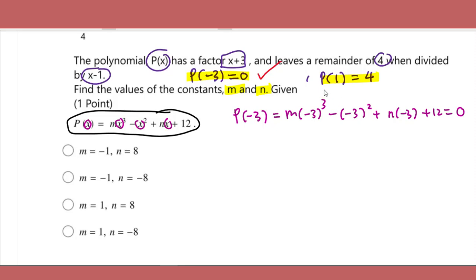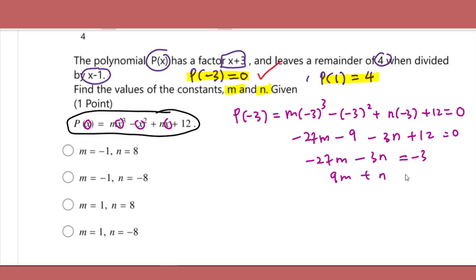To show this is a factor. Simplify: negative 27m minus 9 minus 3n plus 12 is equal to 0. Simplify: negative 27m minus 3n is equal to negative 3. Divide all by negative 3, like 9m plus n is equal to 1.